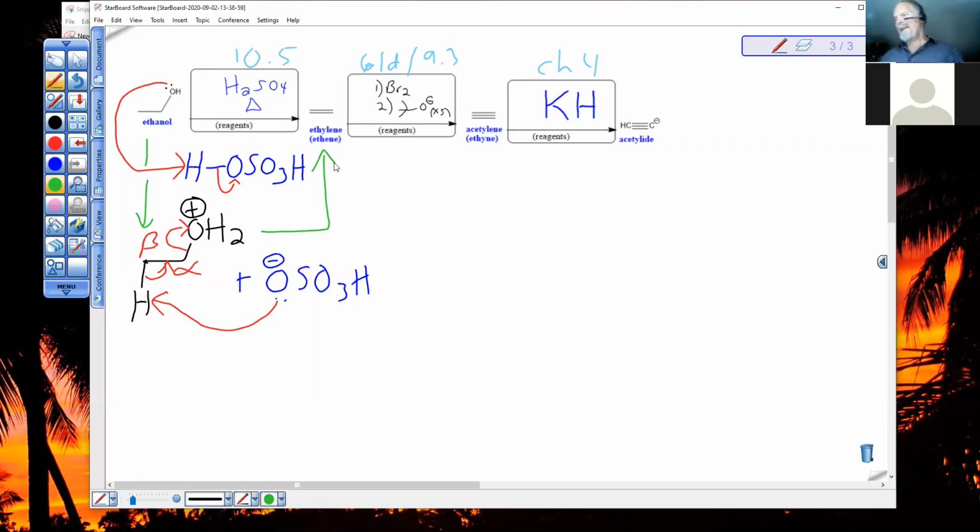We're going to brominate ethylene using step 1 here. We're going to make a vicinal dibromide as discussed in section 6.1D. And we're going to react it with Br2 in step 1.